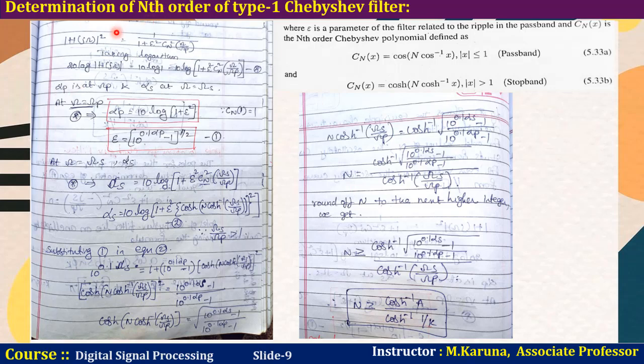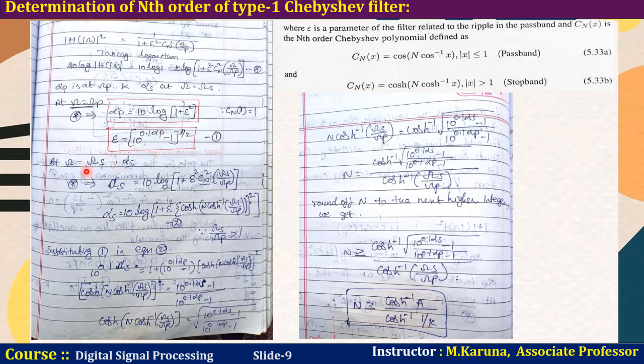Okay, so this is the magnitude response, taking logarithm on both sides, then you will get this formula. So when you substitute omega equal to omega p, this becomes 1. So from this equation we get the equation for passband attenuation, and also we'll get the value for epsilon from this equation.